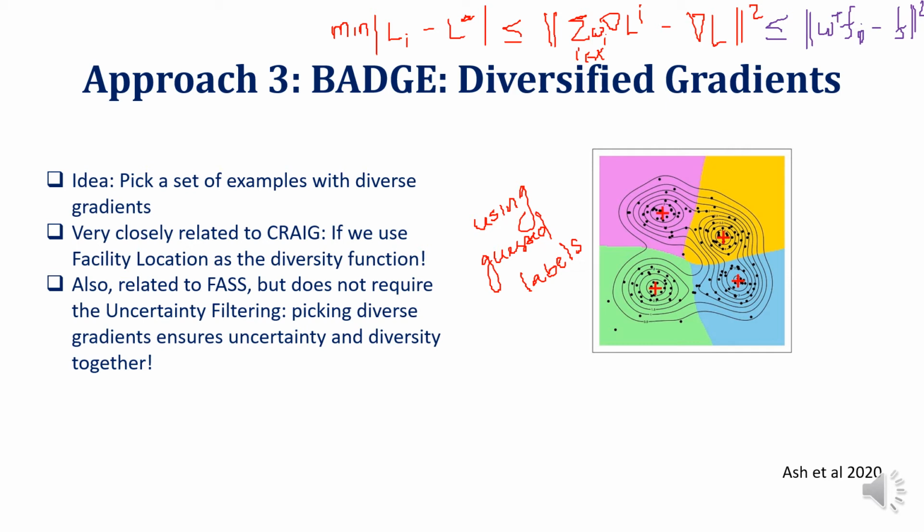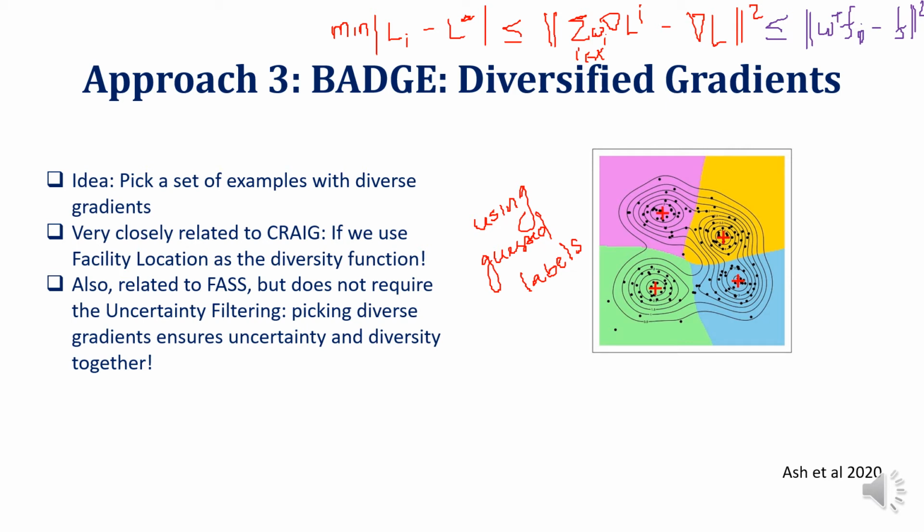Now, if you use facility location as a diversity function, it turns out to be very closely related to Craig, as I mentioned earlier, using the imputed or guessed labels, where the guessed labels come from the classifier trained so far. However, Craig did something more which Batch doesn't, and that leaves some scope for improvement for Batch.